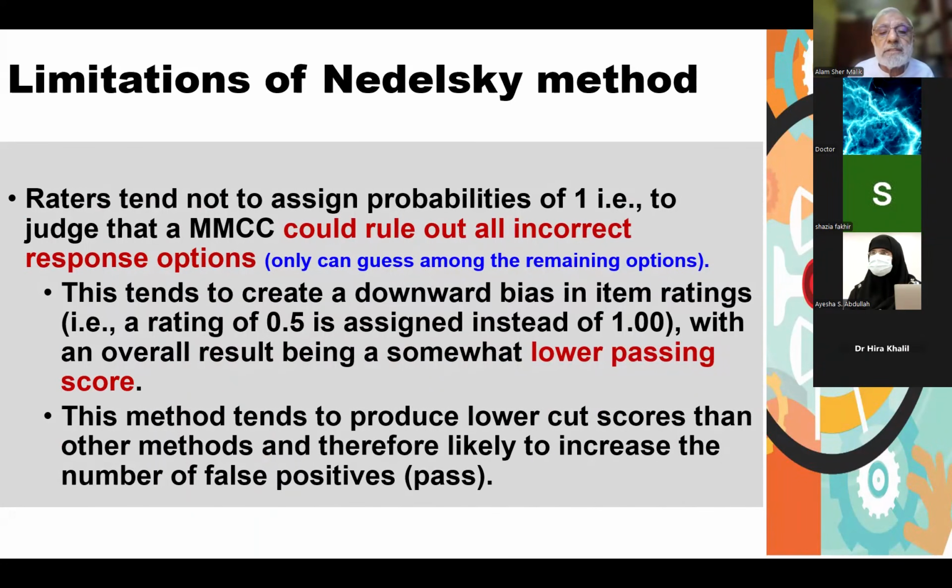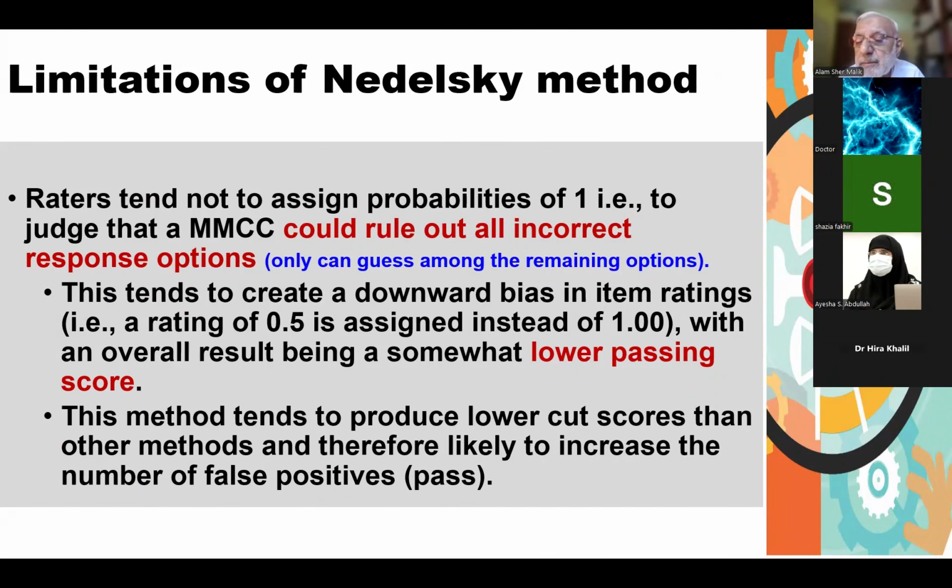Raters tend not to assign probabilities of 1. Nobody would say 1, because otherwise it means that the minimally competent candidate could rule out all incorrect options and take only 1. We think that ability is for high performing students, so a minimally competent candidate may not be able to do that.